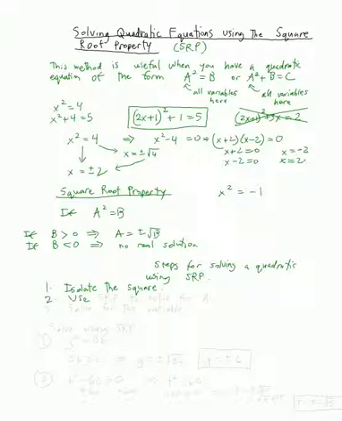So step two, use the square root property to solve for a. And step three, solve for the variable. So these are the three steps. This is actually quite an easy way to solve an equation if it's of the right form. Okay, so for all of these we're going to solve using the square root property.